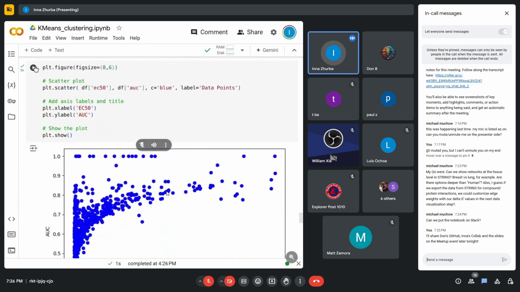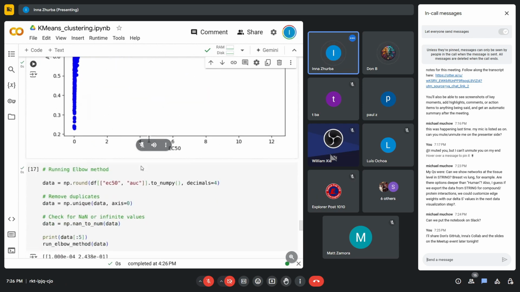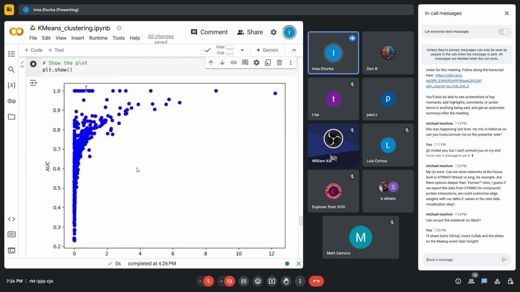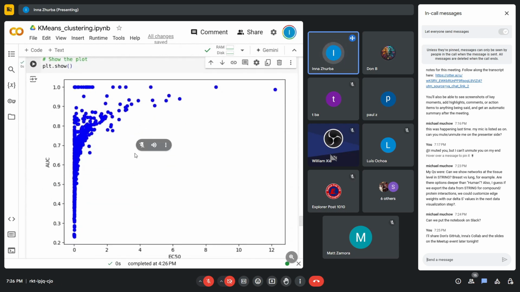And then go on and plot the data. That's how it looks. That's the data that we selected from our data set, and we selected 2 features, EC50 and AUC. In my example, it doesn't really represent anything in particular. I just wanted to show that we can select any numerical data features and plot them and cluster them based on that.